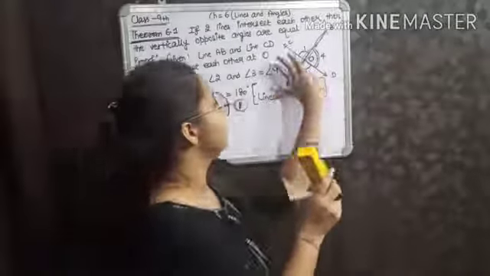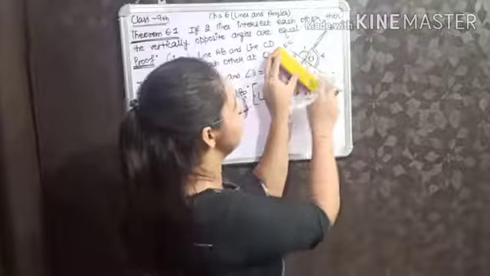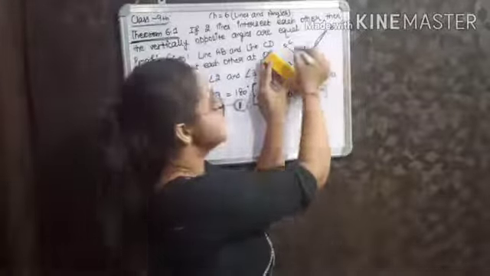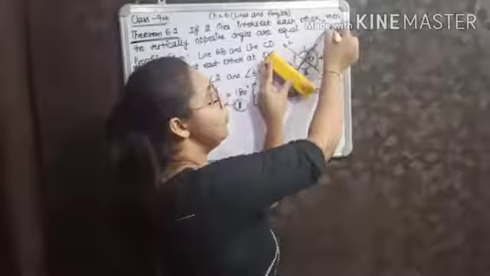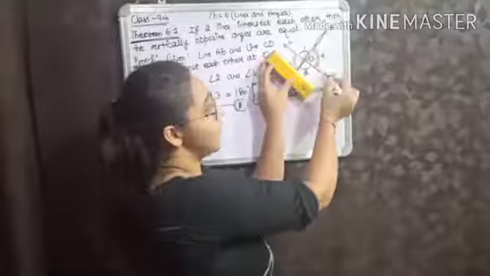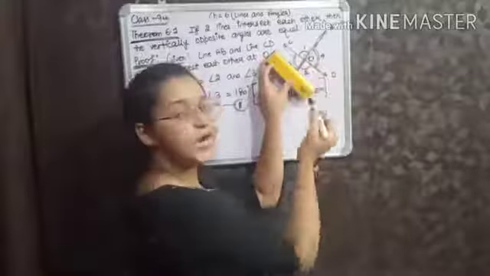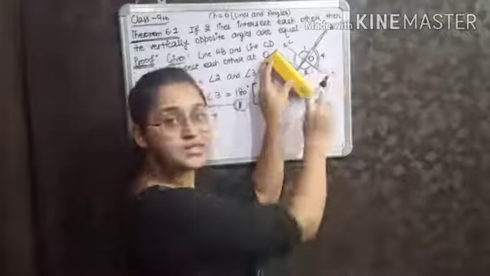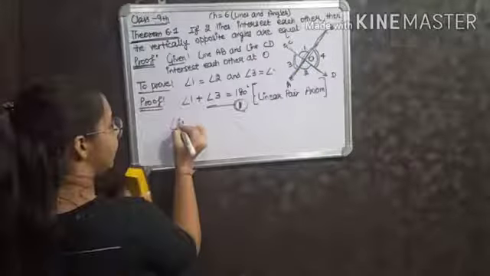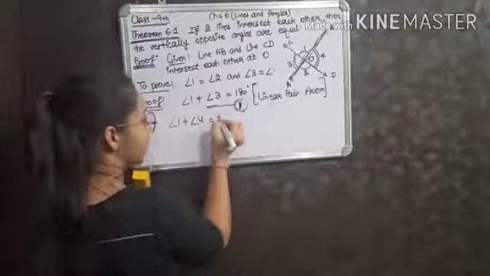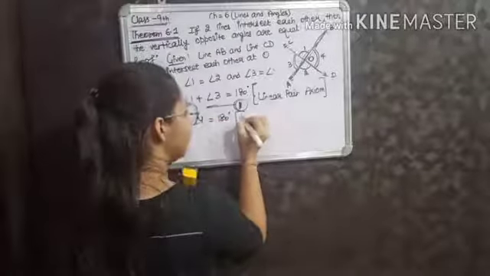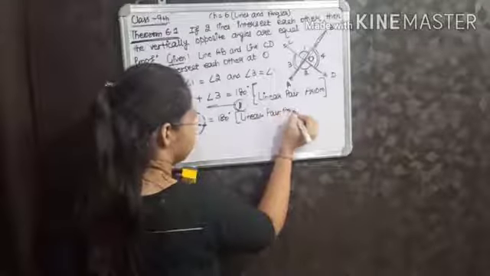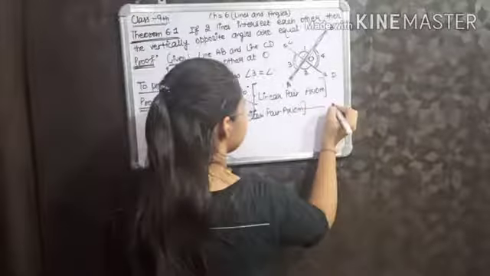Now come to this. If I hide this part and see, CD is a line, and OB is a ray that stands on the line CD, and these are two adjacent angles. So by linear pair axiom, angle 1 plus angle 4 is equal to 180 degree, again by linear pair axiom. And this is the second equation.